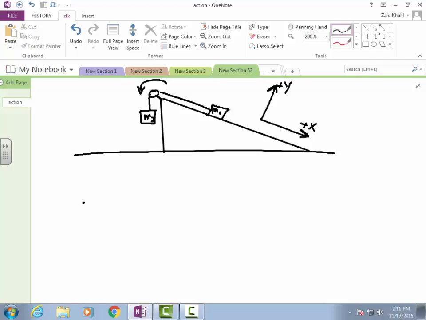This is going up the plane. So therefore, if up the plane is negative, then you want down to be negative as well. Does everybody understand why? Why? In general, why would you want to say this is negative, this is positive?